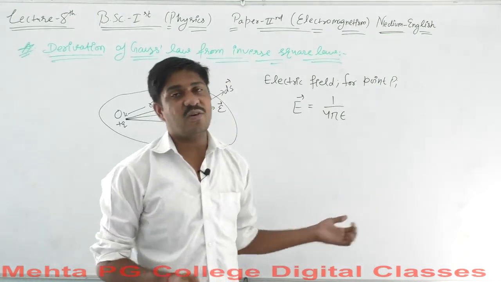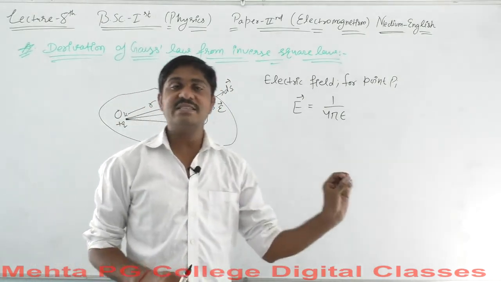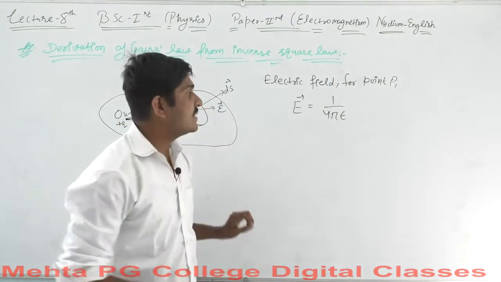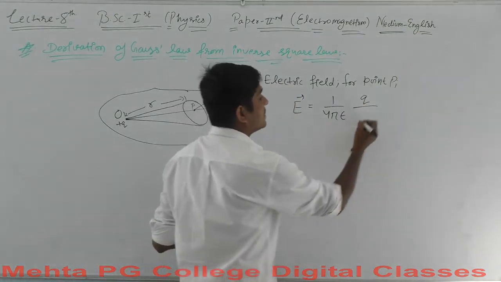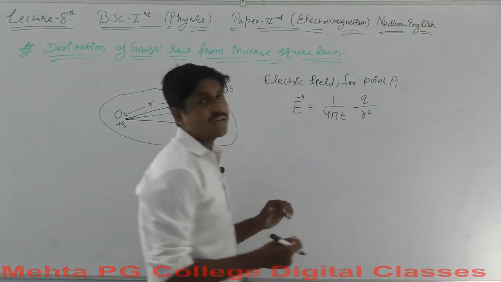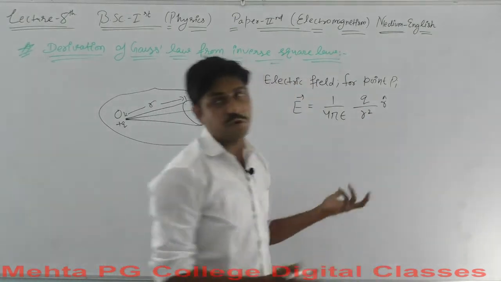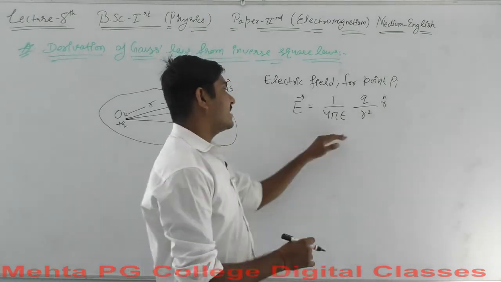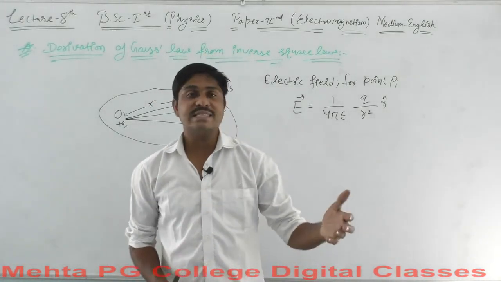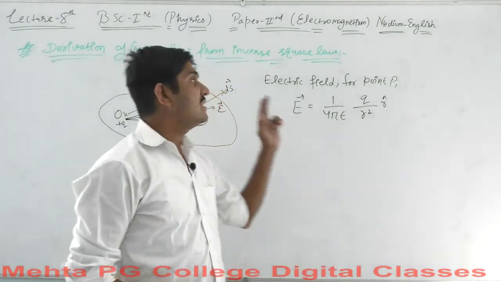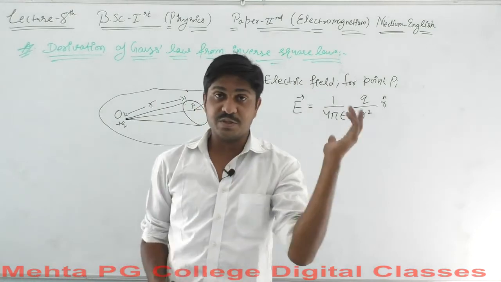So we consider a medium over here, that's why epsilon is taken instead of epsilon naught. The charge is again q, the displacement is r square, and the direction is r cap. This is a very good example of a quantity following the inverse square law.